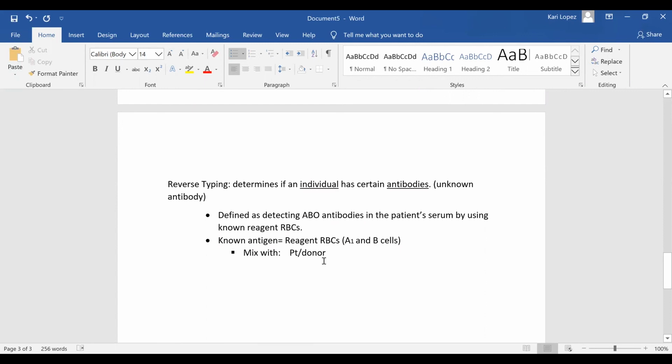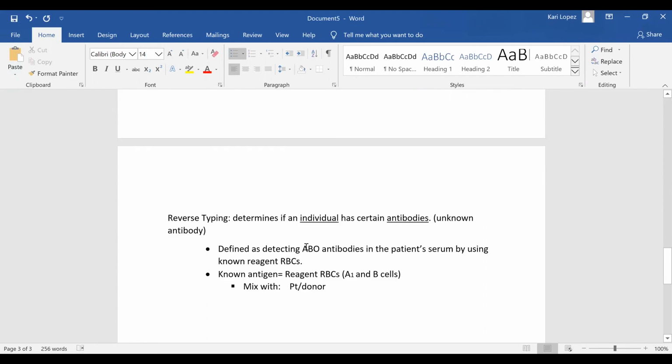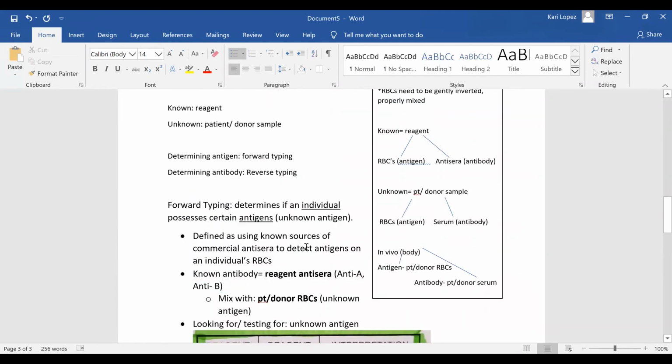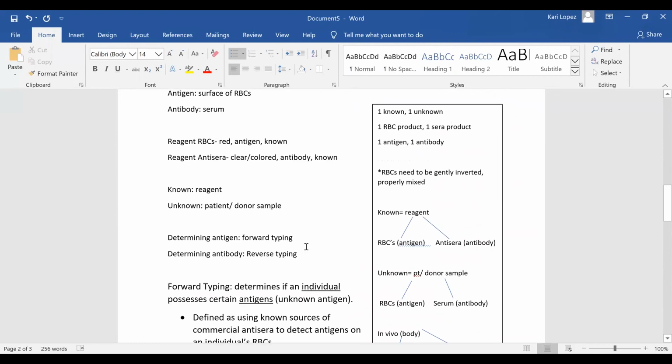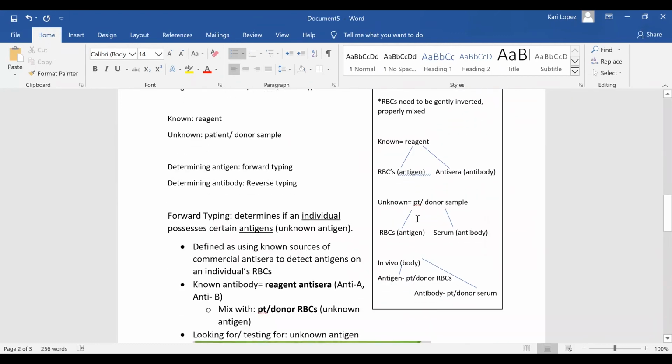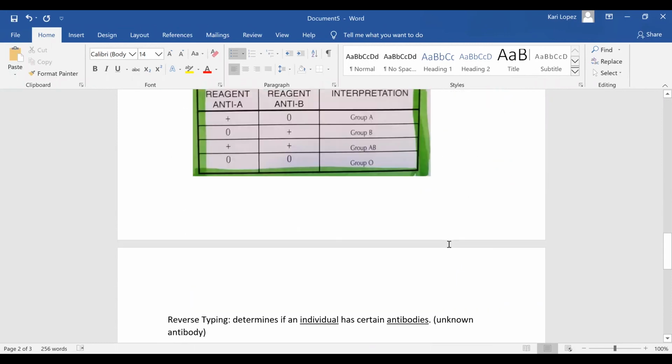And so we know we're going to need some kind of sera, and we're referring to our patient or donor. So you go up here and look for your patient or donor. And if we are looking for antibody, then we know we're going to need patient or donor serum.